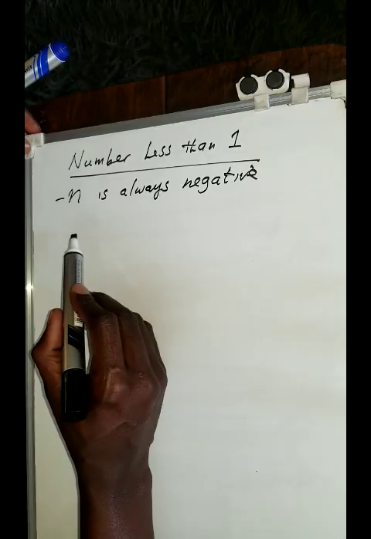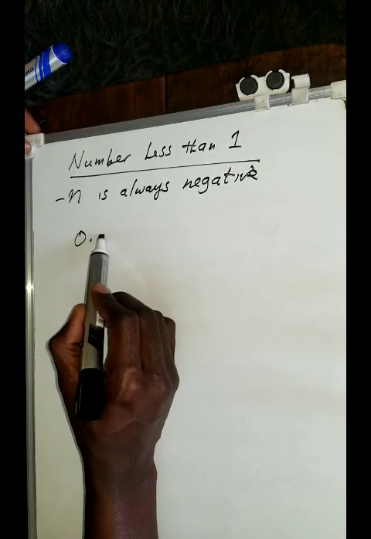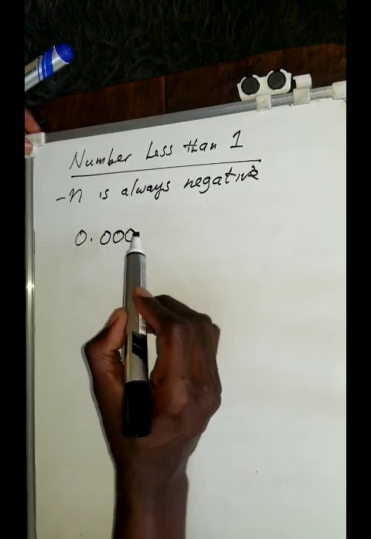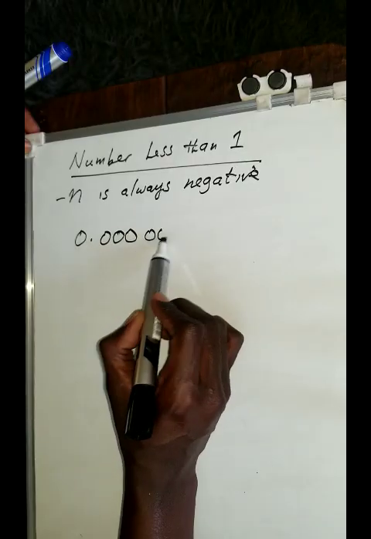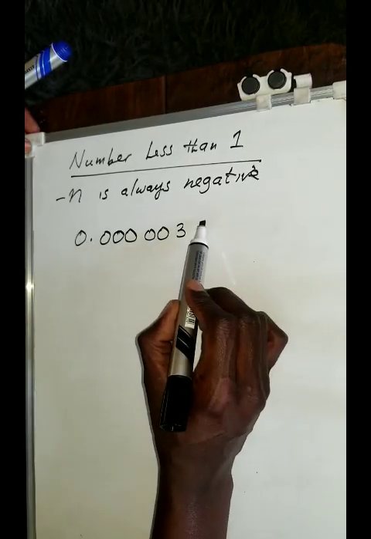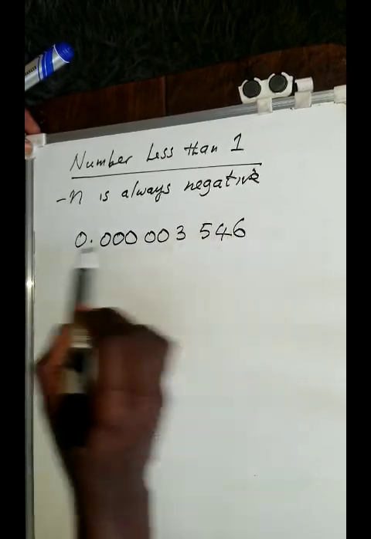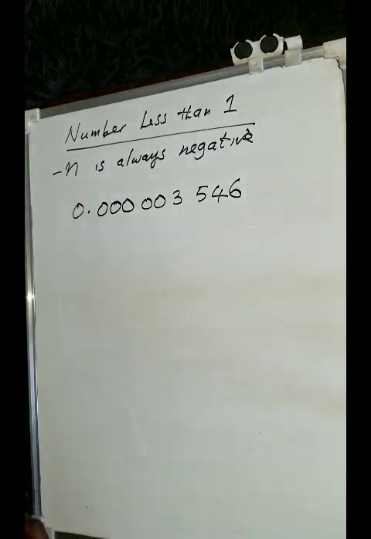Let's take, for example, the number 0.03546, and they tell you to express this one in standard form. Of course, they have already shown us a decimal point there, so we don't need to worry about that.